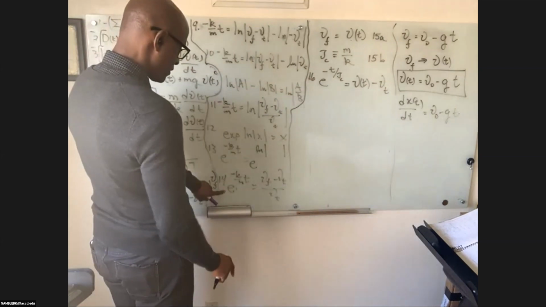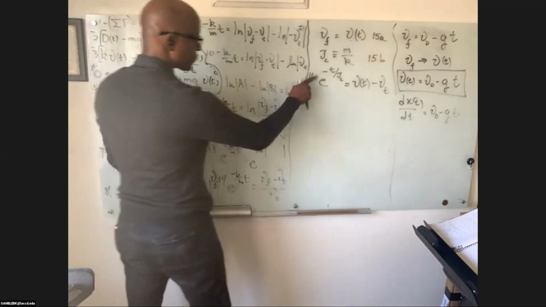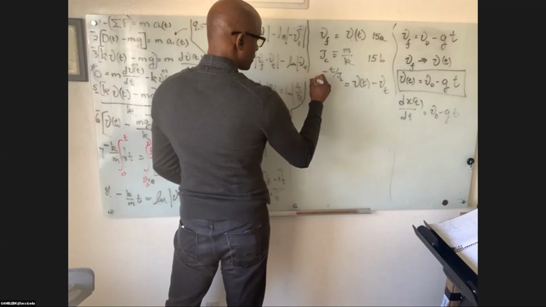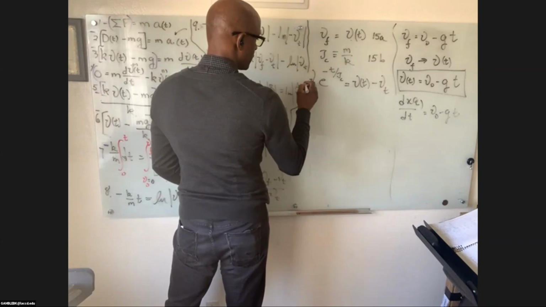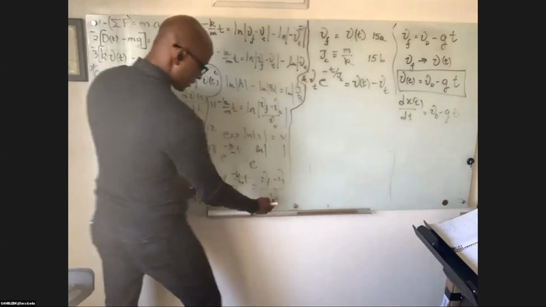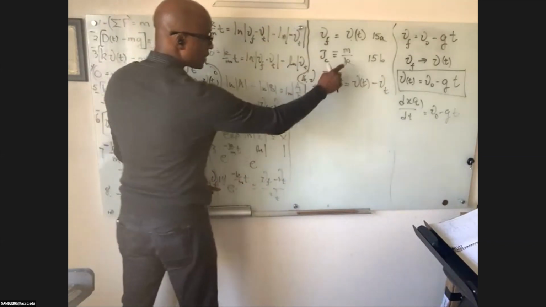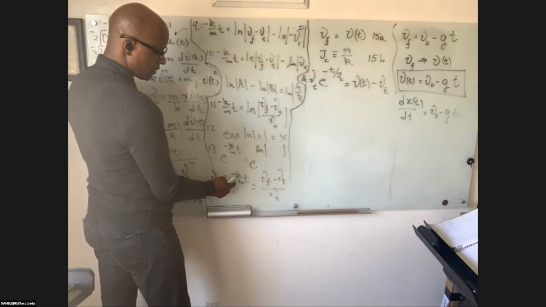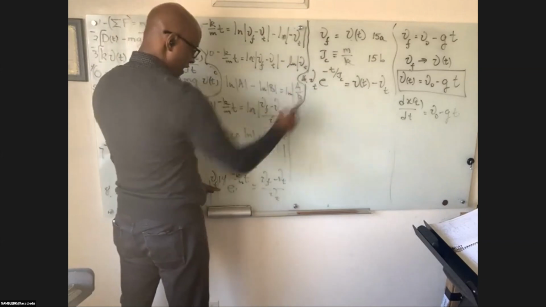I forgot to multiply, so the v sub t in the denominator is over here as well. I substituted in the time constant, remembering this is m over k and this is k over m.